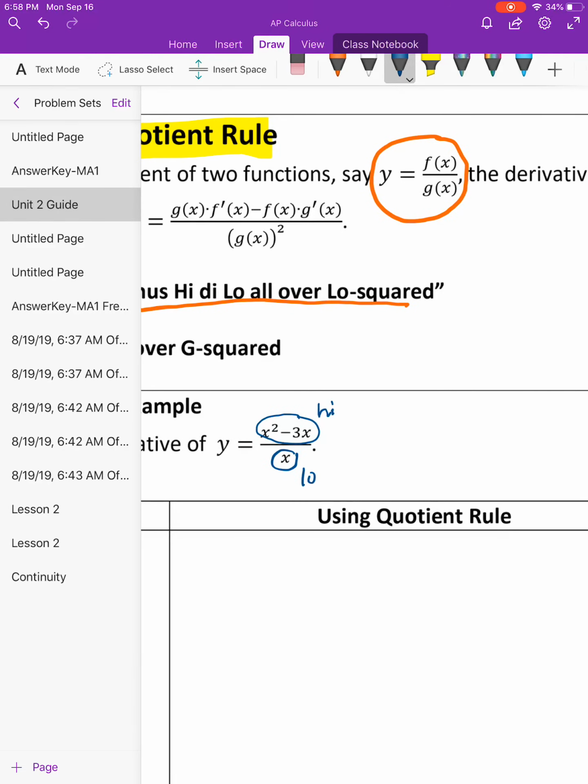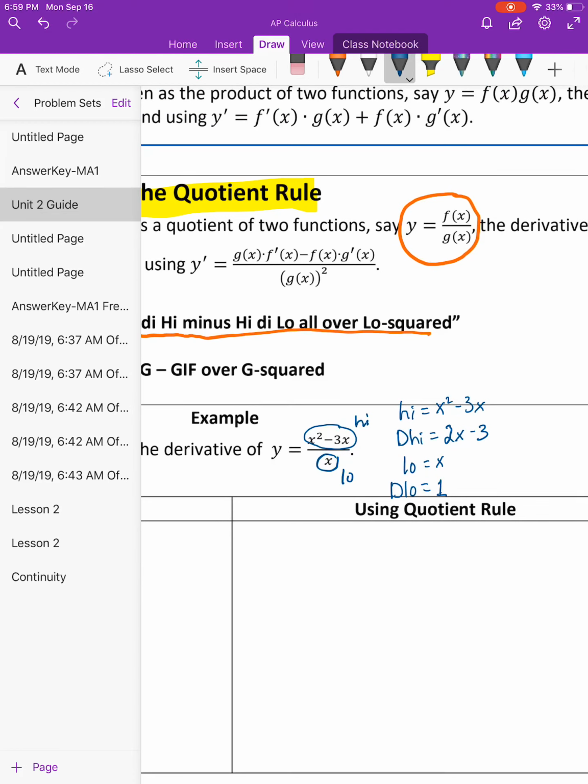And then off to the side, I write high is equal to x squared minus 3x. D high, the derivative of the high, is 2x minus 3. My low is x, and my d low, the derivative of just x, is 1.